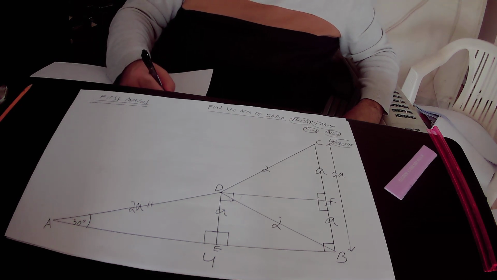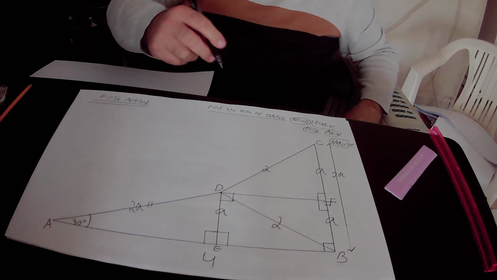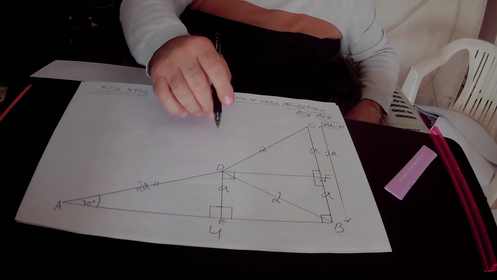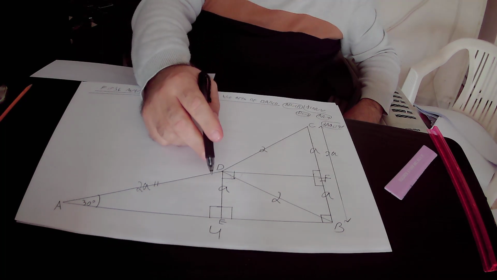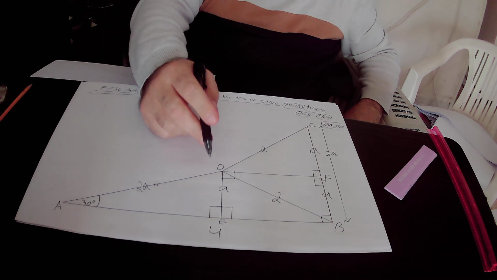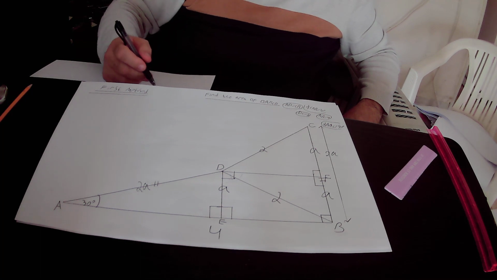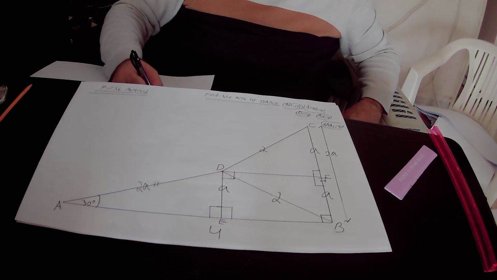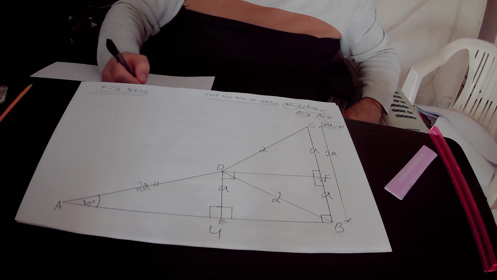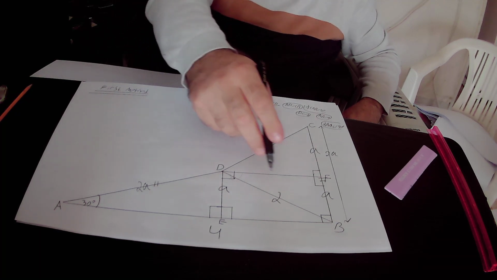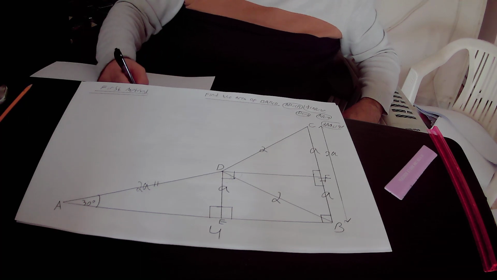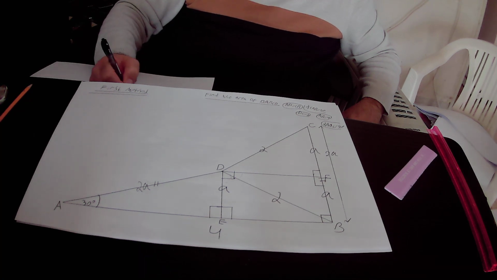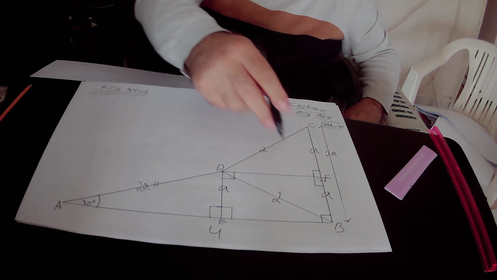So DE equals A, so DE square is A square, plus EB square, EB is the missing variable, equals DB square.